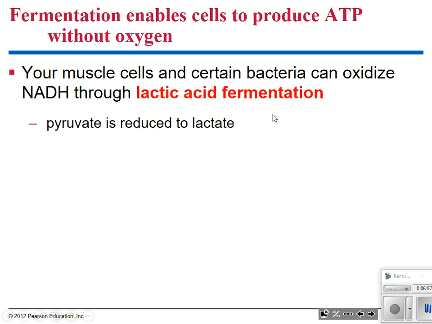Once glycolysis happens, we have formed this 3-carbon molecule that we call pyruvate. Then the pyruvate is reduced to lactate.